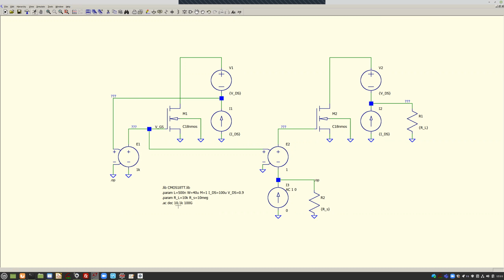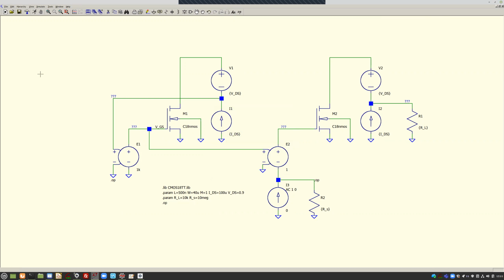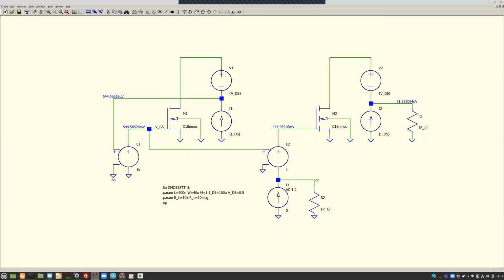Let's say I do an operating point analysis. So I replace this AC with .op. Okay, and I then run. Then it gives me the operating point information, and it tells me this is 544 microvolt.